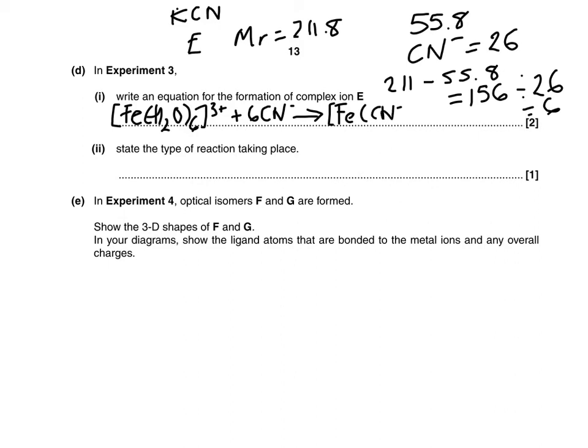Now, because each cyanide ion has a negative charge, we have a +3 ion, but 6 negative. Let me just take off that negative sign. That's 6 negative cyanide ions. That gives us a total charge of 3 minus. Sorry, I'm running out of space a little bit, and 6 water molecules left over.